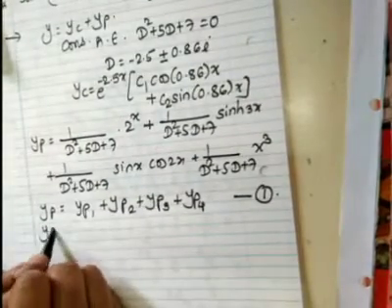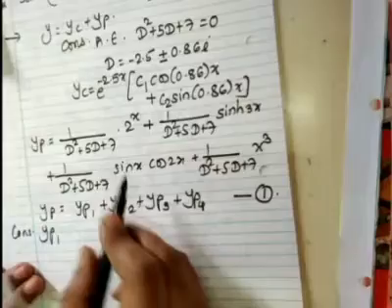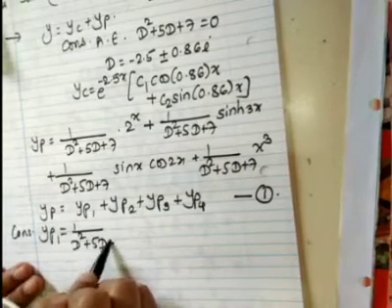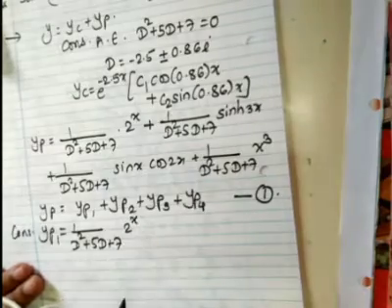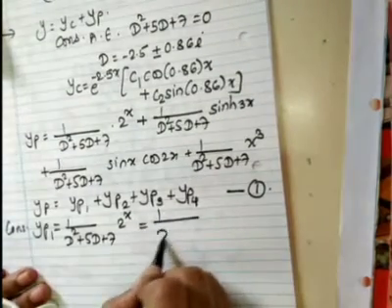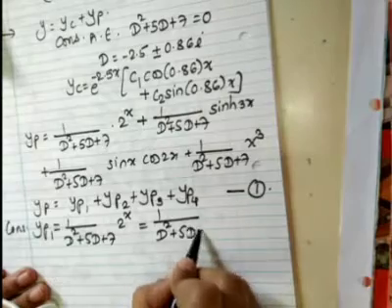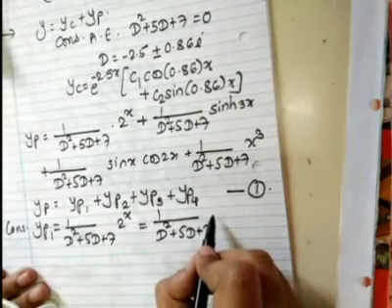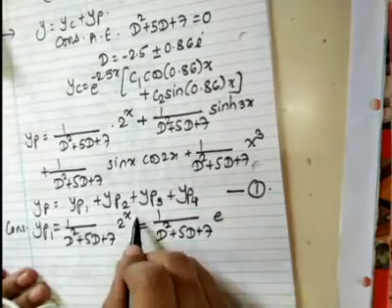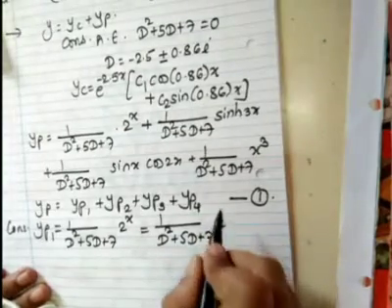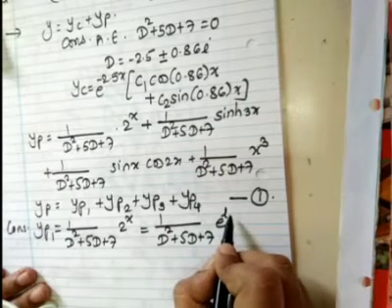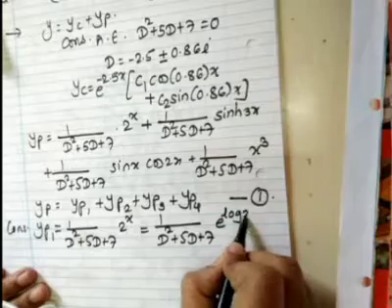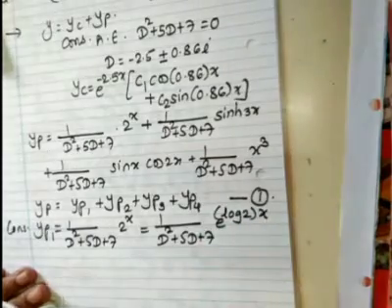So we'll consider yp1, that is 1 upon D square plus 5D plus 7 into 2 raised to x. 2 raised to x can be written as e raised to log 2 into x.